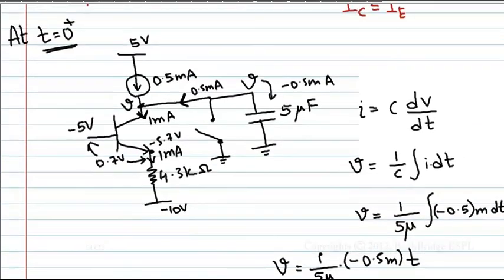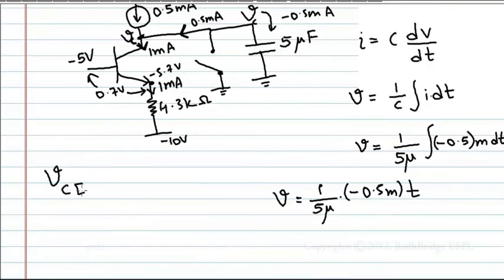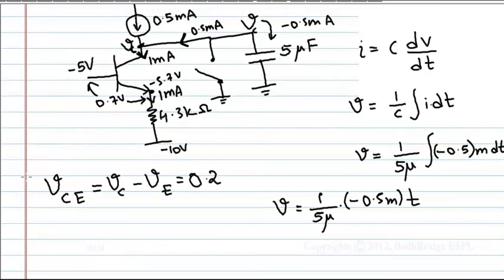Here note, when VCE means VC, this is nothing but VC. V is nothing but VC also we can say. Not V capacitor, V collector. VCE is equal to VC minus VE. Initially how much is the voltage here? 0, since when the switch is closed, it is 0 volt.